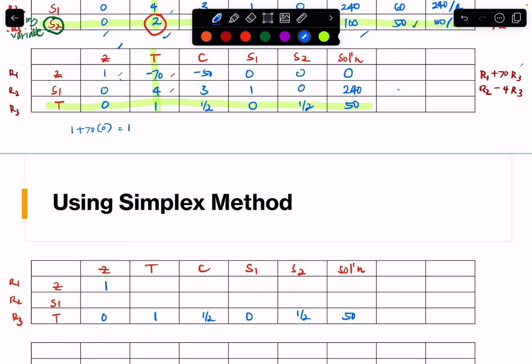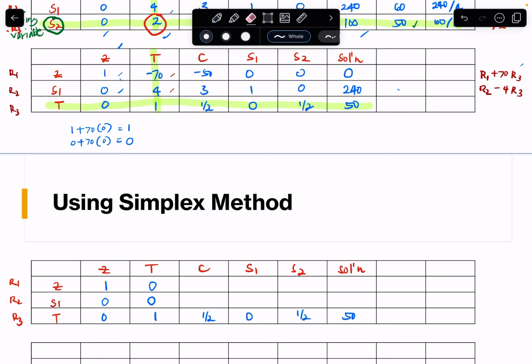And for the one below, we have R2, which is 0, plus 70 times R3, which is 0 as well, so this is equal to 0. The same thing applies for the rest of the rows. So negative 70 plus 70 times 1 is 0. And then 4 for R2 minus 4 times R3, which is 1. So 4 minus 4 makes it 0.